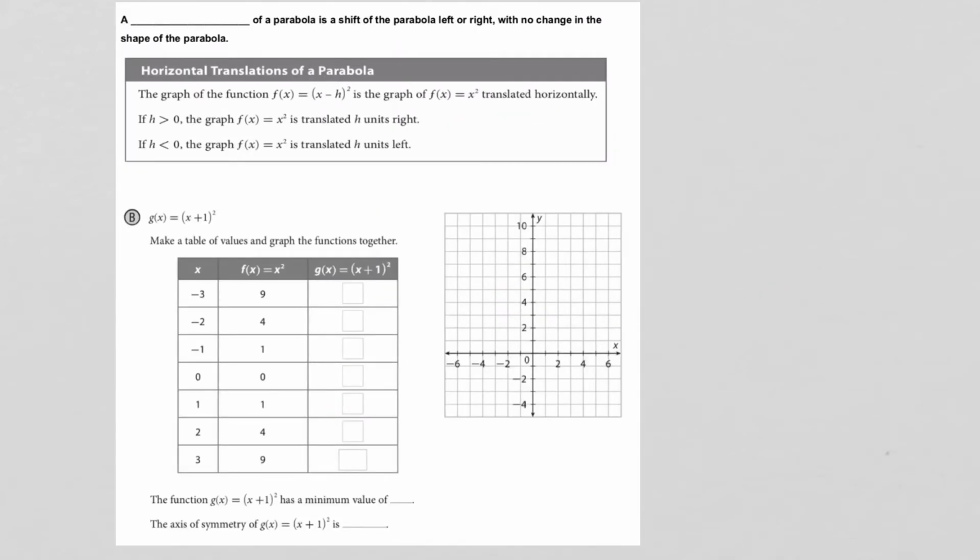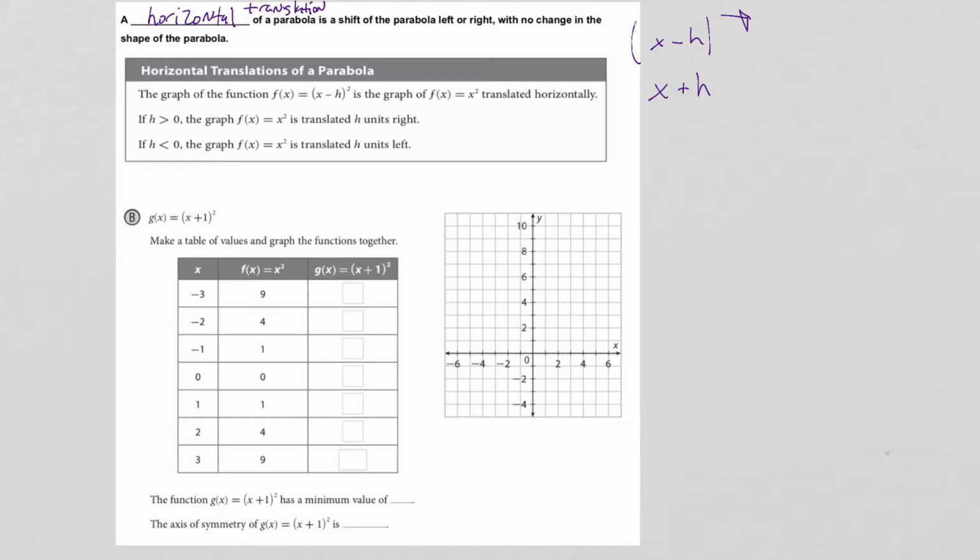So a horizontal translation. Translation of a parabola is a shift of the parabola left or right with no change in shape. And this refers to the value of h. If it's something like x minus h, you're going that direction.